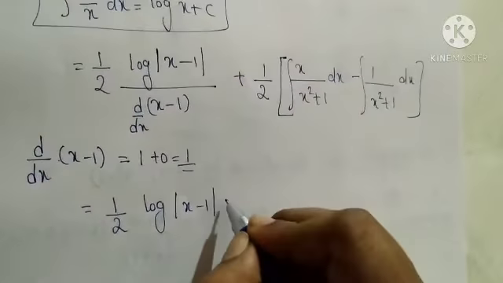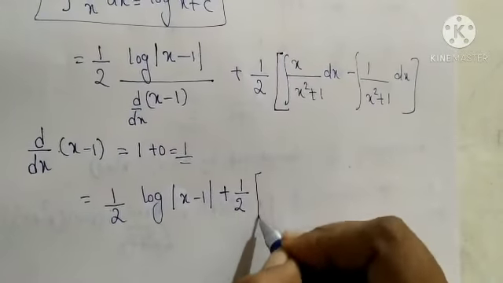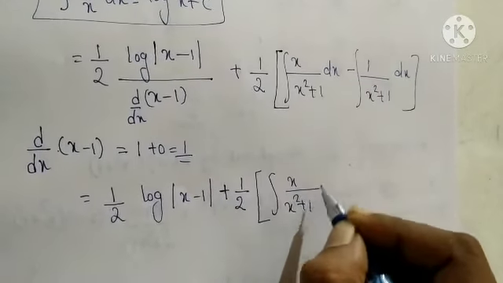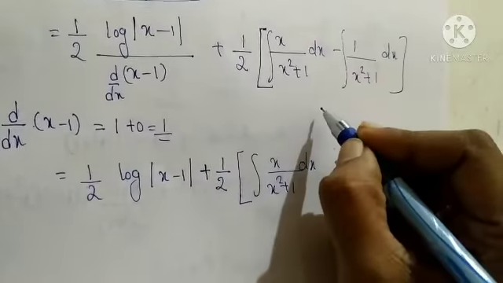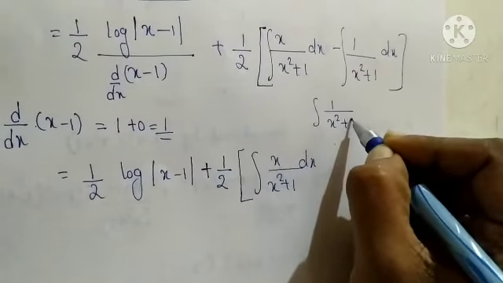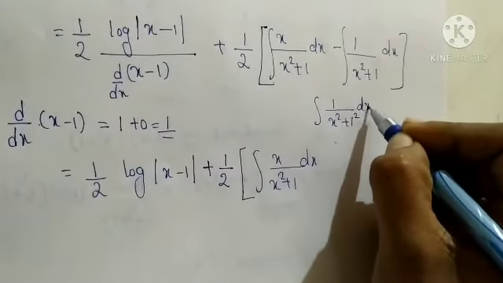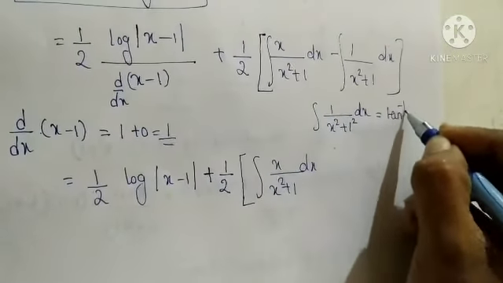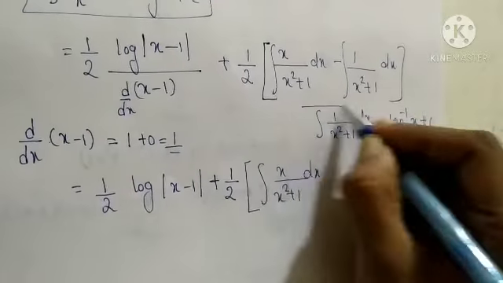Okay, plus half into integral x divided by x square plus 1 dx. Here we know that the standard integral of 1 divided by x square plus 1 dx is tan inverse x plus c, right?